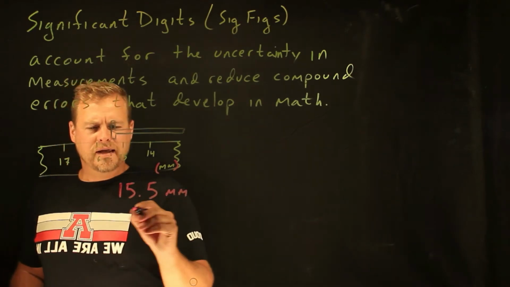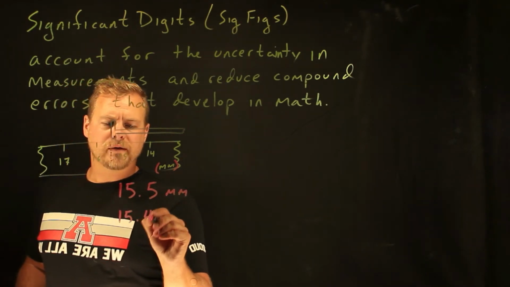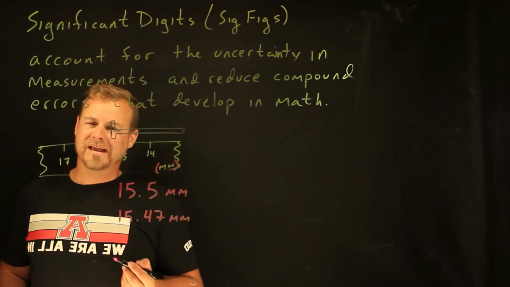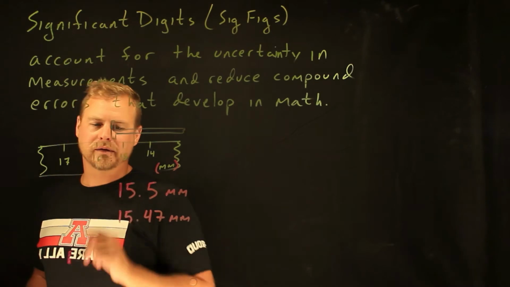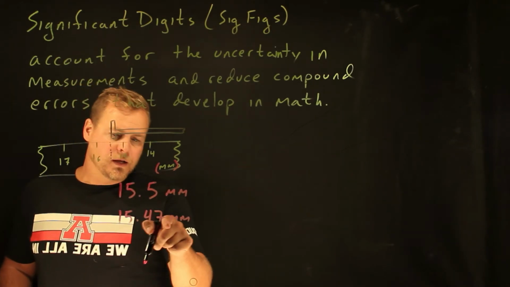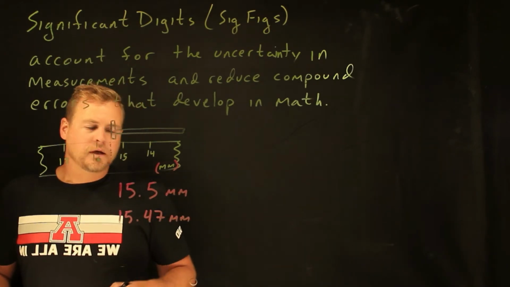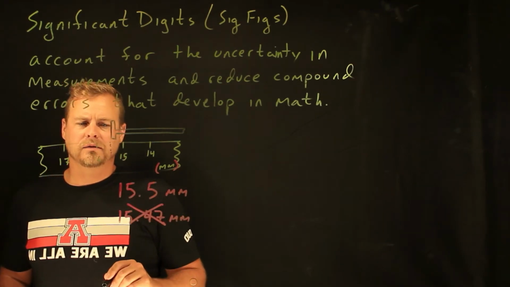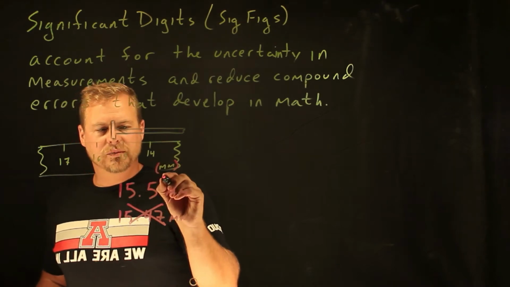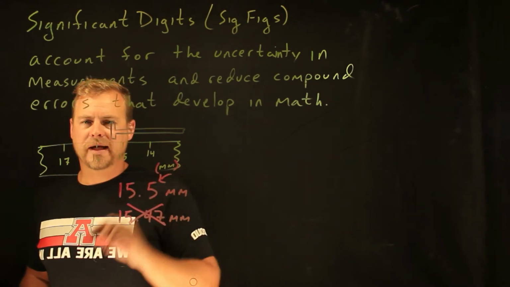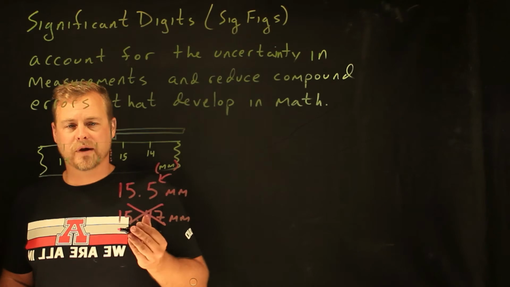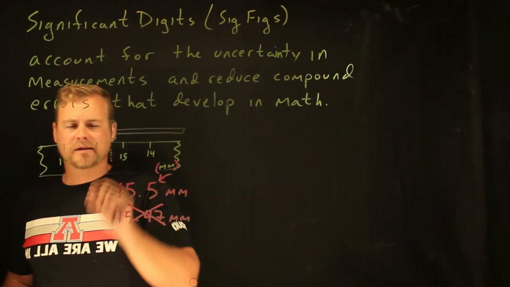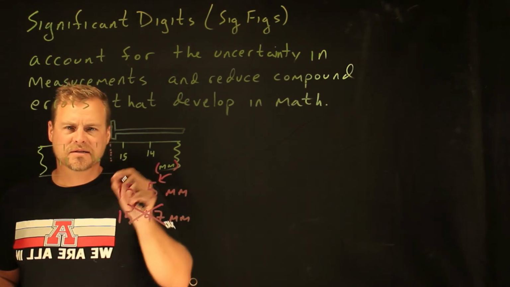Now, could I say that this nail is 15.47 millimeters? Man, I don't know that my eyes are that good. I can't see that, okay? When I take a measurement, I know that that last number is an estimate because I was trained to go to the nearest half, exactly half in between them, and just take the best guess.